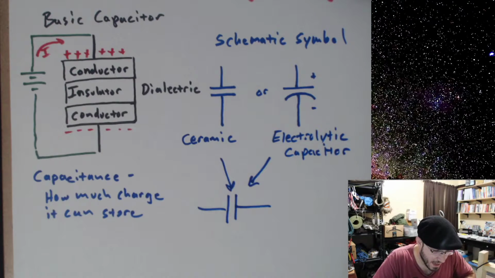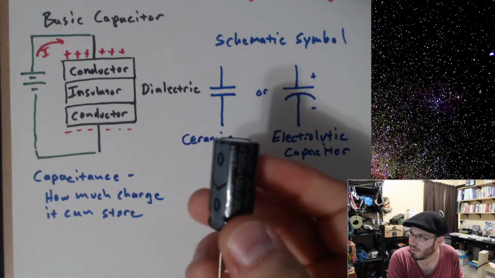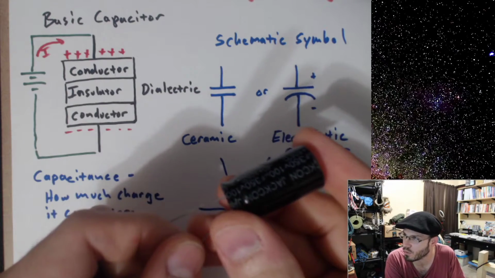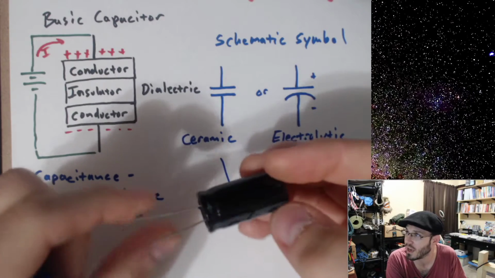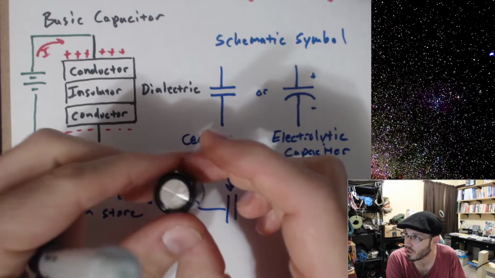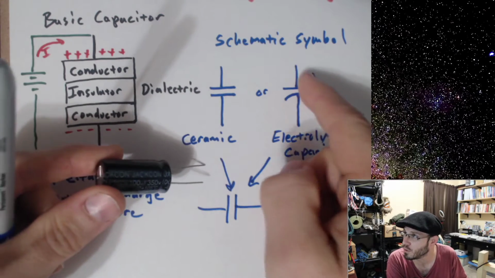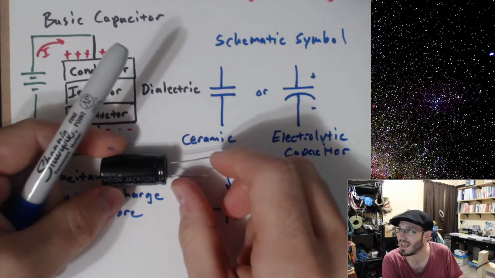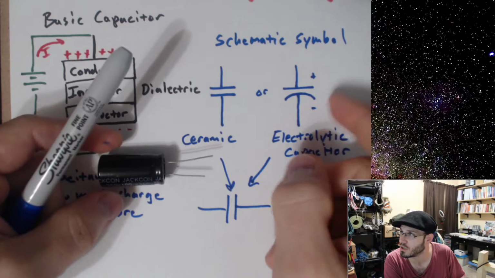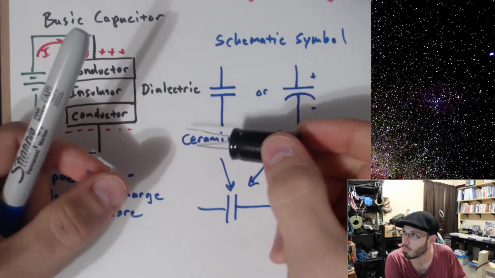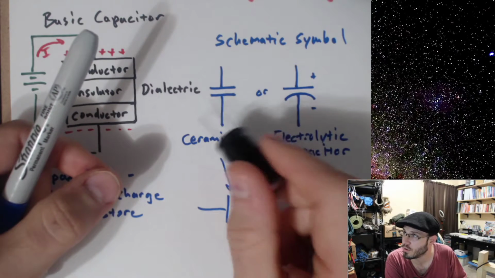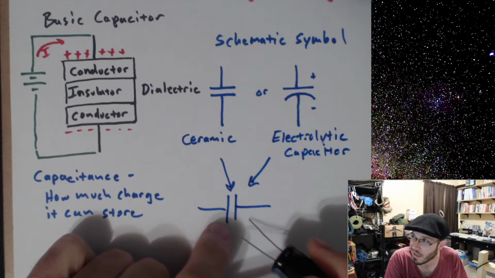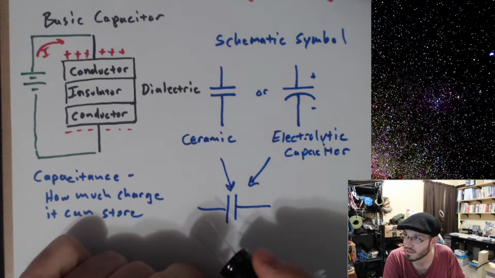You really only care about the polarity when you're actually constructing a circuit and you need a certain value and you decide you are going to use an electrolytic capacitor, and now I need to connect this into a circuit that I'm going to construct, and now you do care about the polarity. But until you physically realize a circuit, there's no reason to concern yourselves with the polarity. This is more of a practical type of thing. These two capacitors are essentially the same thing, and we can think of them as your ideal basic capacitor.